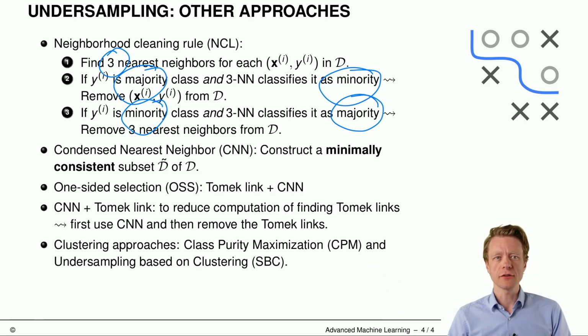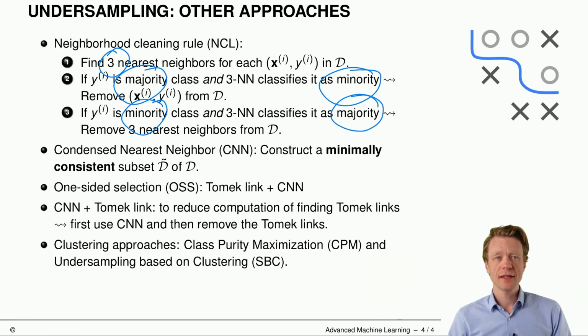Okay, and then it's called a consistent subset. And of course we want a minimally consistent subset because we want to find the smallest of such subsets. Because D is of course a consistent subset of itself, since it will result in the same classification, but it's not smaller, so we didn't really undersample at all.